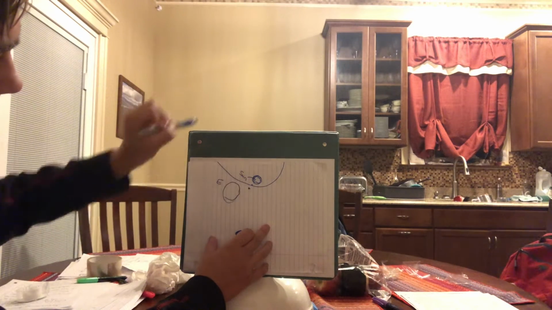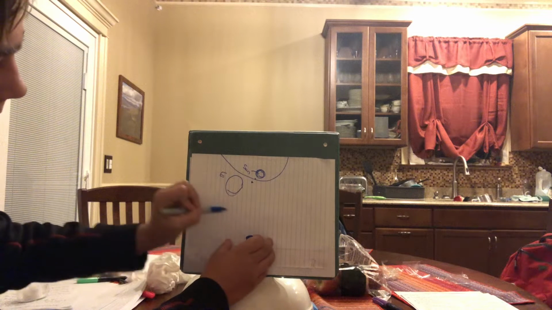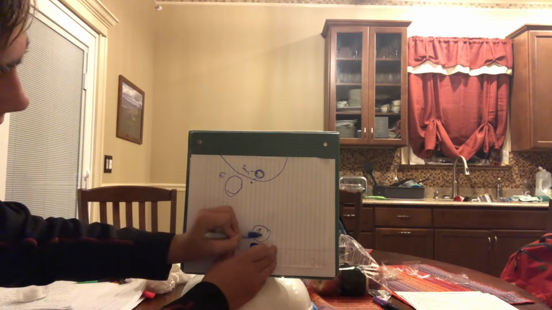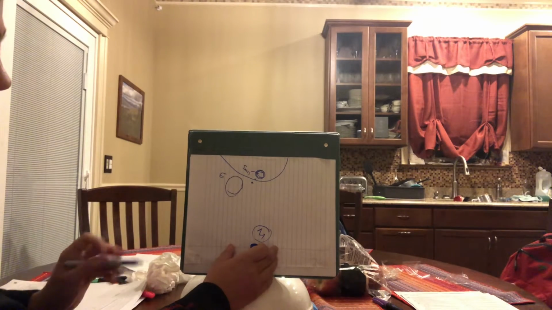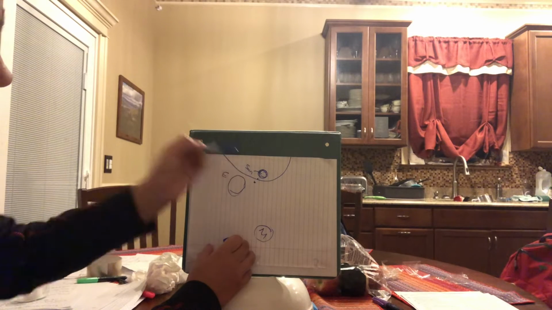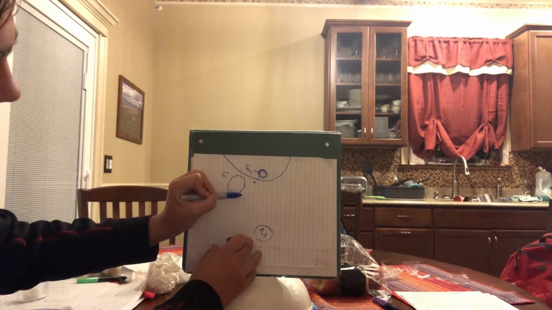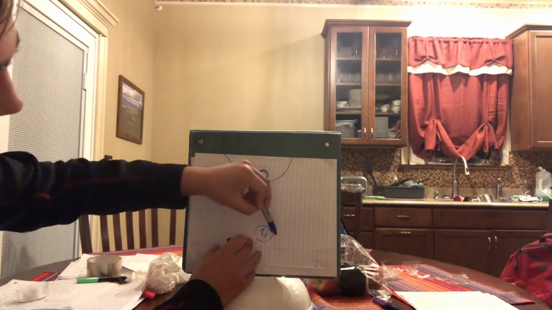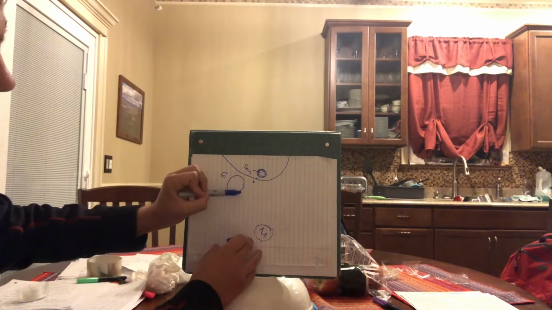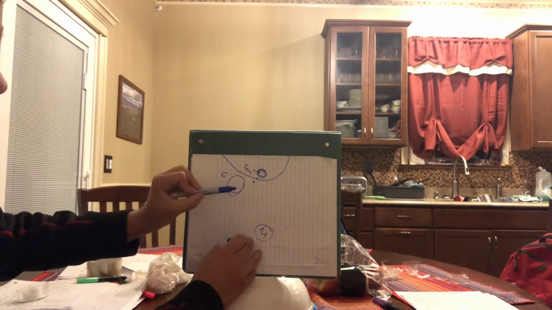Here's Mars, which we'll label M. As Earth orbits the sun, we catch up to Mars because Mars has a slower orbit, since it's a longer orbit. So Earth would orbit the sun and catch up to Mars.